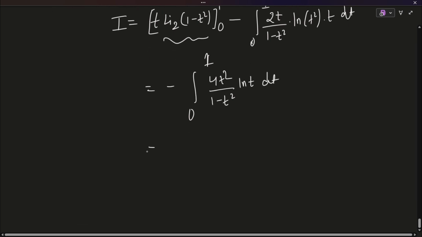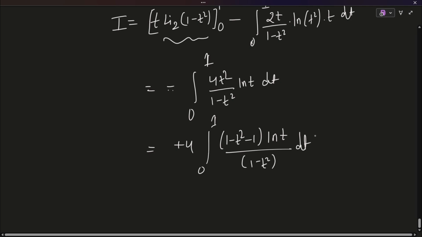Keep the 4 outside, and inside you have minus t square, correct? Because I'm taking this minus sign inside, and then I'm adding a plus 1 and a minus 1, over 1 minus t square dt.